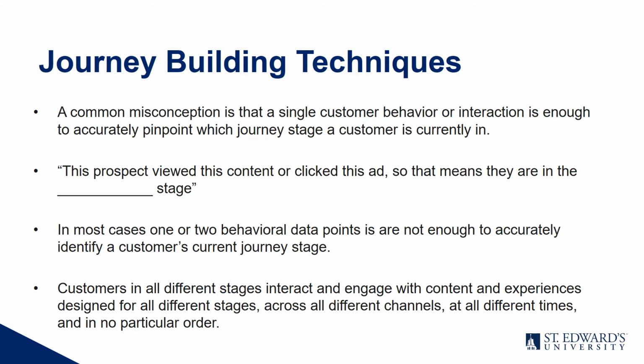Customer journey building techniques. A common misconception is that a single customer behavior or interaction is enough to accurately pinpoint which journey stage a customer is currently in. That is incorrect. What you have to do is look at a trend of behavior for a single customer, right? You can segment those customer journeys.